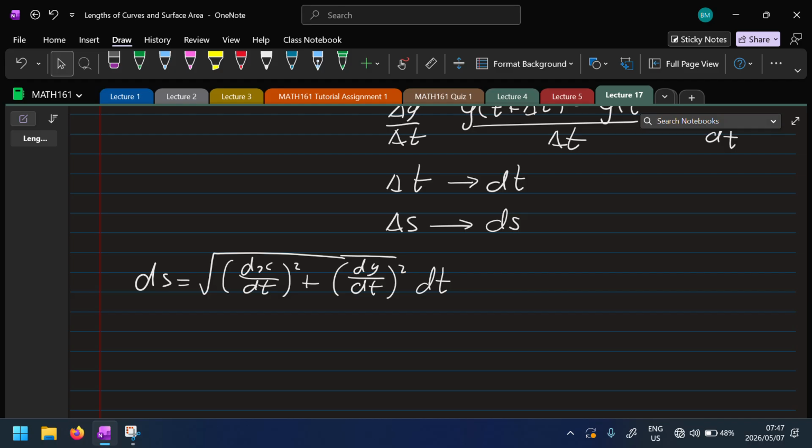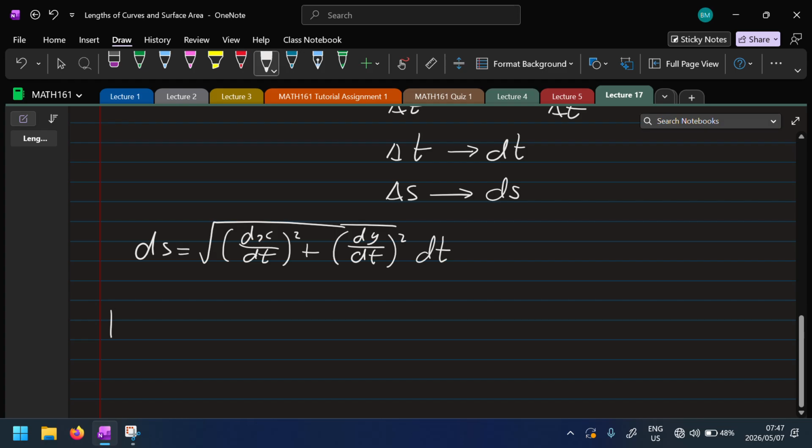If we want the total length, we need to integrate this. So the total length is equal to s, and that will be the integral of ds.